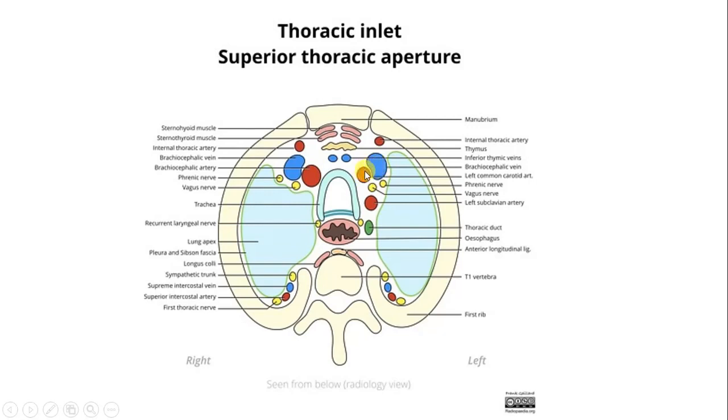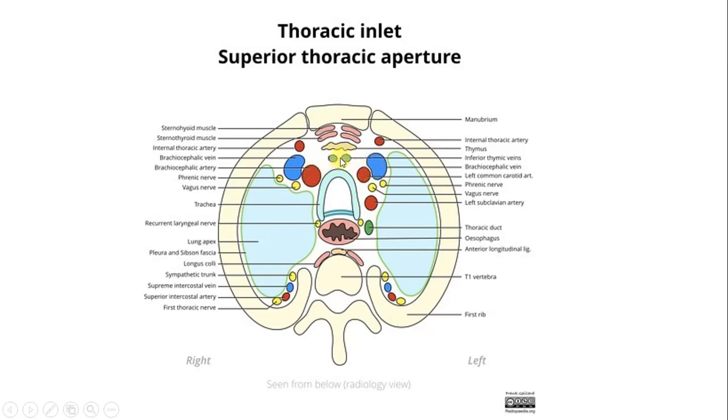And medial to this, posteromedial to it, is a vessel, the left common carotid, which is a very important blood supply to the head region, to the brain.